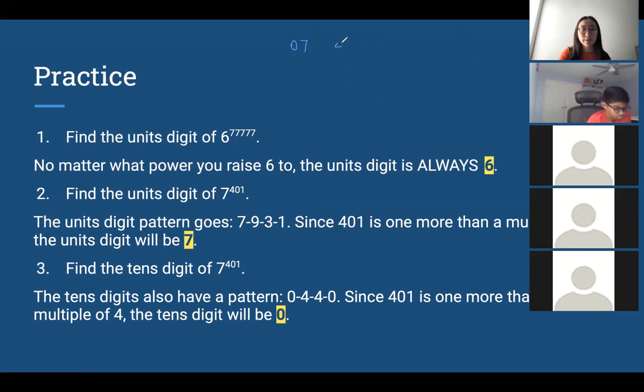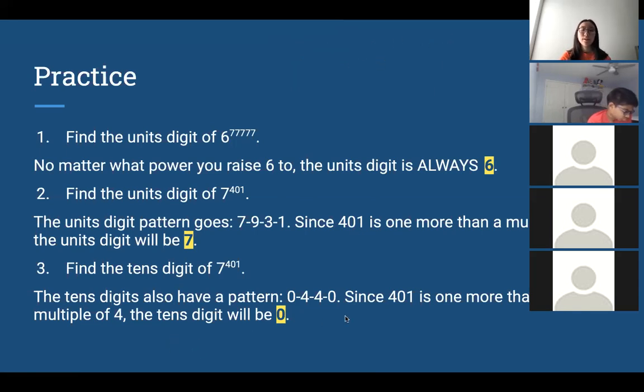Then the next one is 49. And the next one is 343, so that's another 4 in the tens place. And then the next one is 2,401, so that's a 0 in the tens place. So our pattern is 0, 4, 4, 0. And then it's going to repeat if you continue after that.